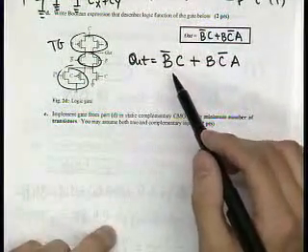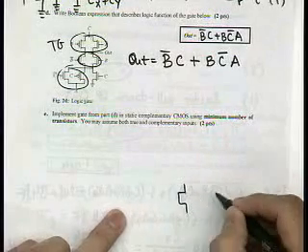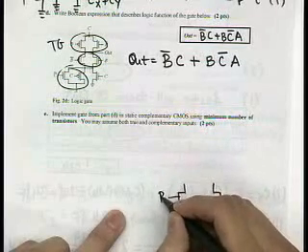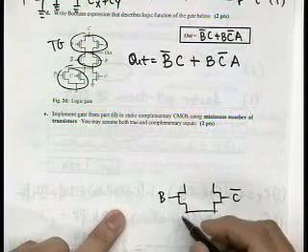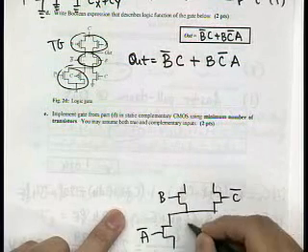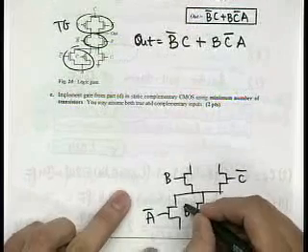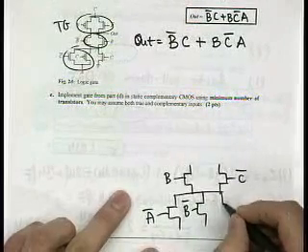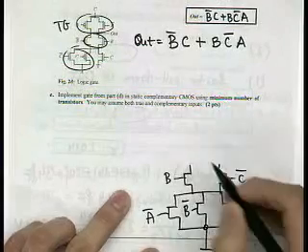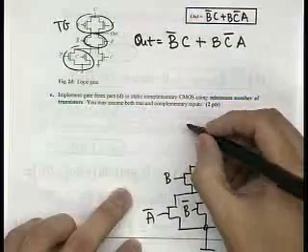So let's do the pull down. We have B or C bar, and then you have A bar, B bar, and C. Then the pull up is fully complementary.